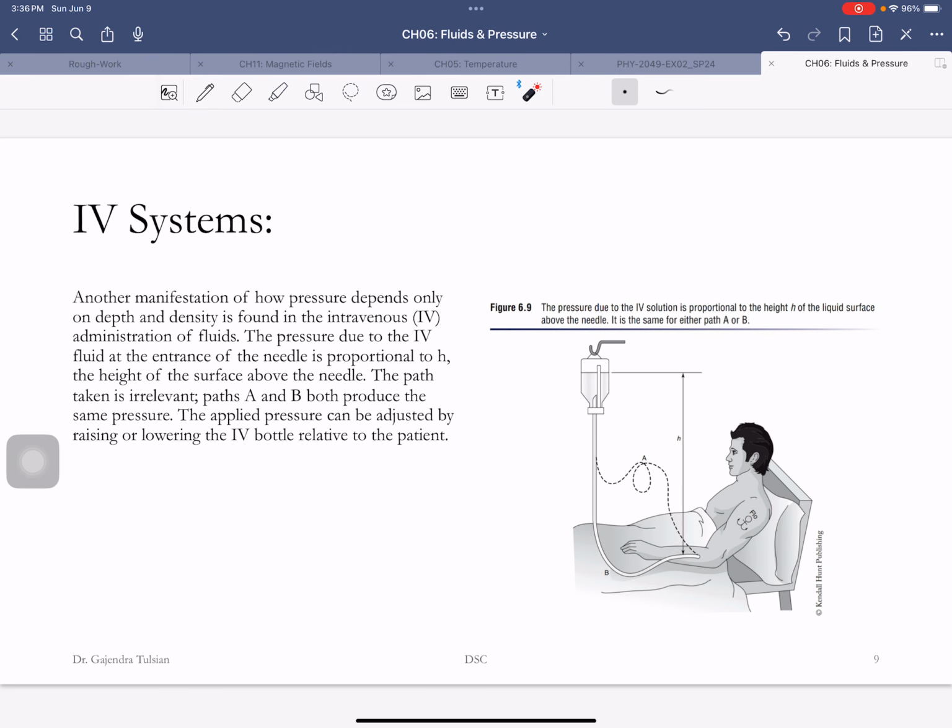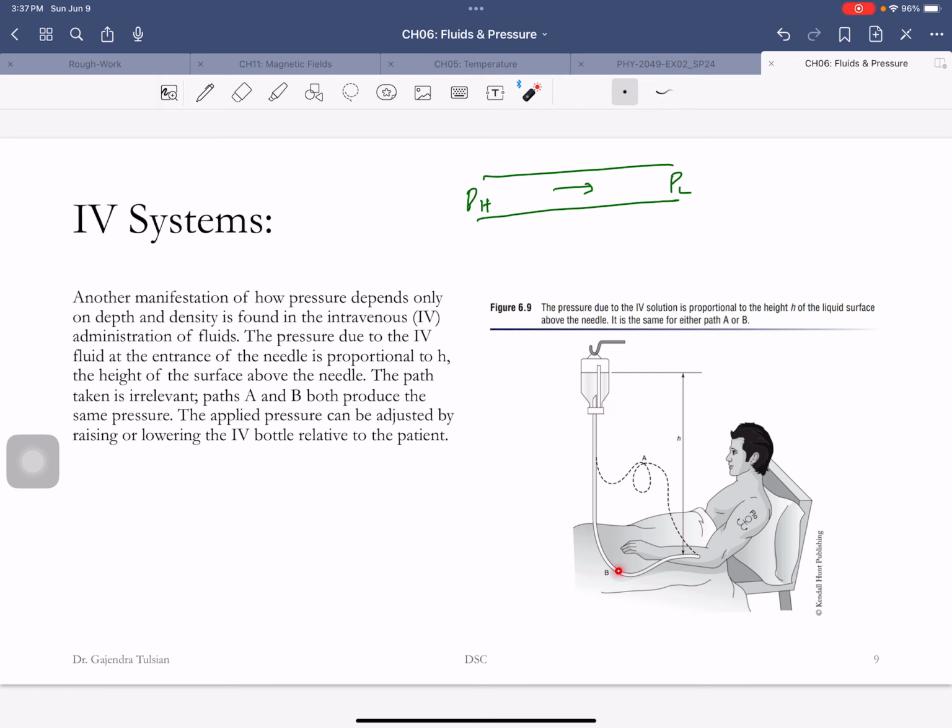Now here's the situation. If you have a tube and you want fluid to flow, one side has to be at higher pressure and the other side at lower pressure. So fluid flows from higher pressure to lower pressure.